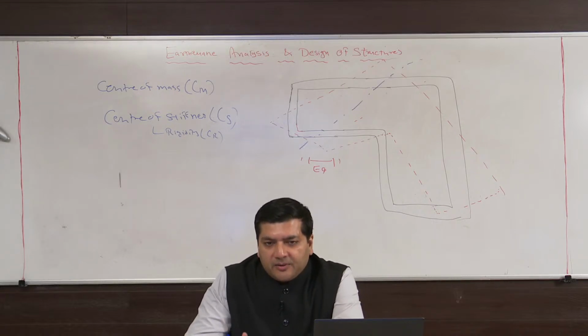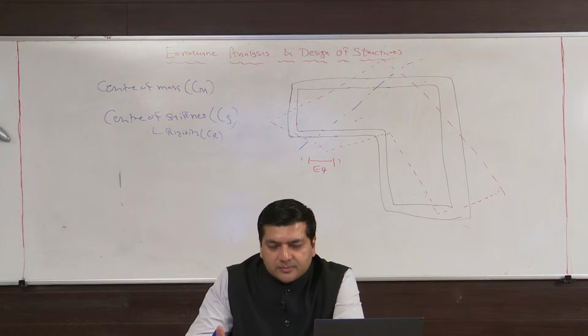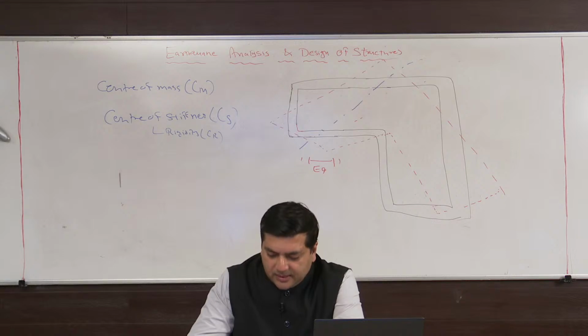To match the center of stiffness and center of mass, what should we need to do? We should keep the body symmetrical or unsymmetrical, to reduce the torsional effect? Symmetrical. Yes sir, symmetrical, so torsion is reduced. So right.